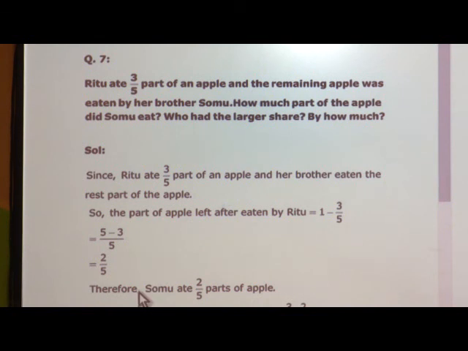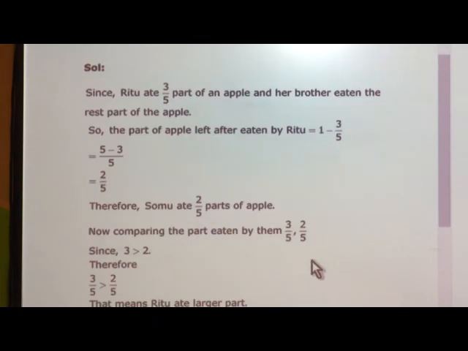What is 2/5? Yes, you are right. Somu ate 2/5 part of the apple. Who was Somu? Ritu's brother. How much did Ritu eat? 3/5 part from the whole apple. Now, comparing the parts eaten, my question was whose was the larger share.